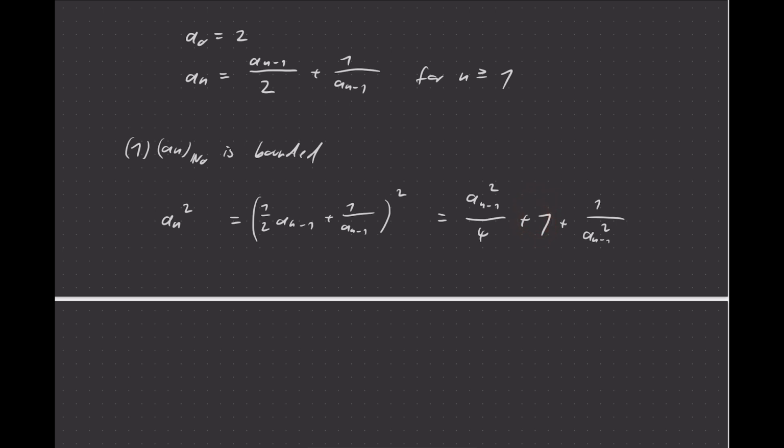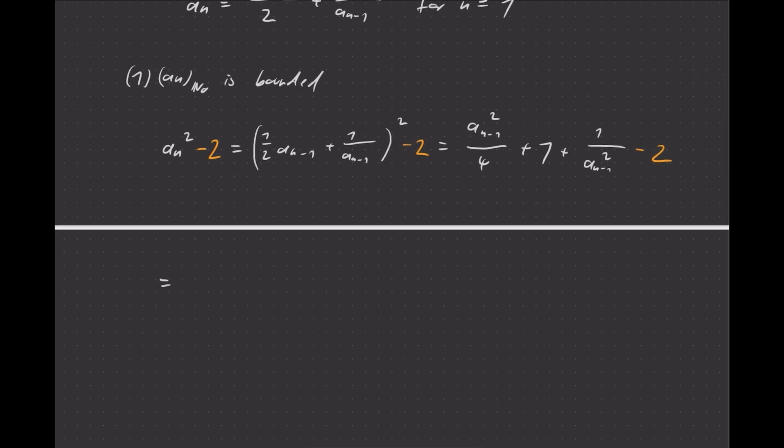because if we now go ahead and subtract 2 here in the beginning, and of course we just carry that through like this, then we can simplify this to obtain a_{n-1} squared over 4, and then plus 1 minus 2 will become minus 1. And we just keep the last summand here.